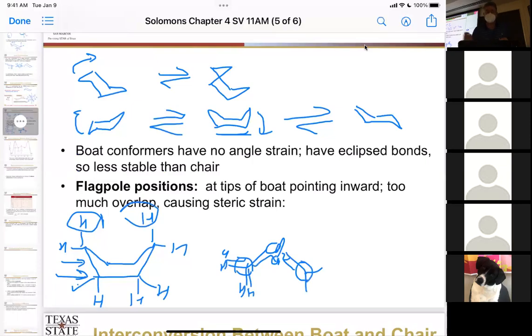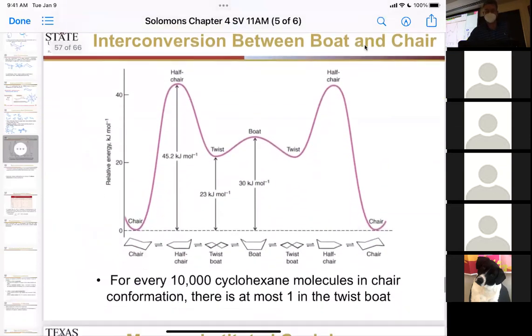Okay, so that being said, we looked at our nice little energy diagram that said, oh, well, if we take our Newman projection and rotate it, the energy changes, right? So how does it change as we go from boat to chair to everything else? Well, it turns out it's pretty significant. The first thing we have to do is start in our first chair, right here.